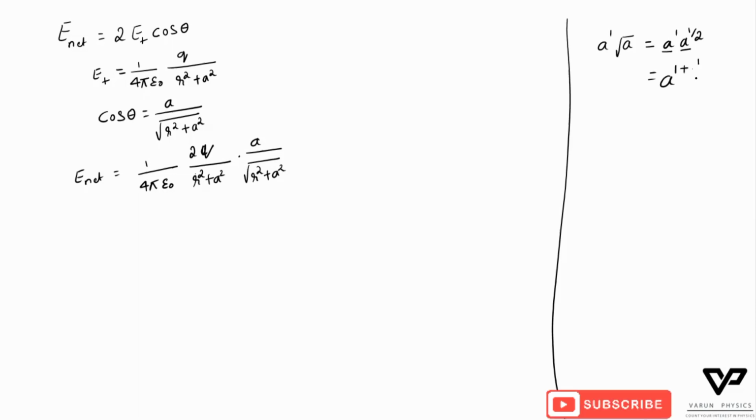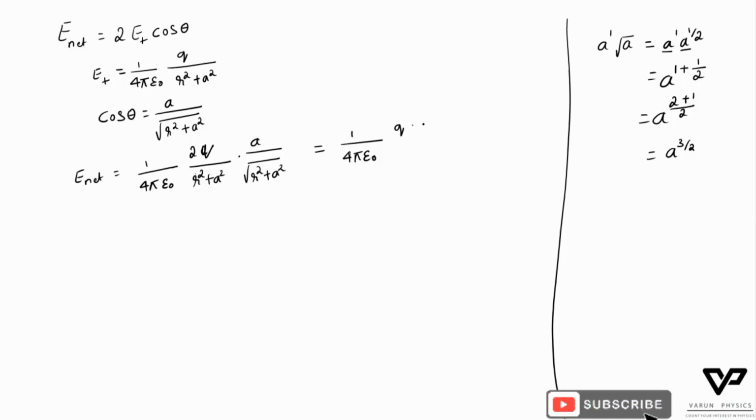1 plus 1 by 2, therefore, that is equal to the power of 3 by 2. Similarly, here we also have root of R square plus A square. This can be written as 1 by 4 pi epsilon naught, right?